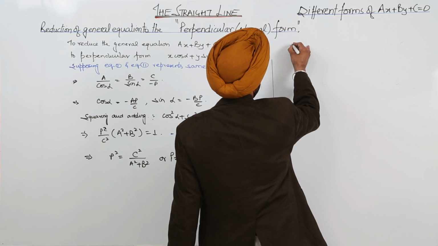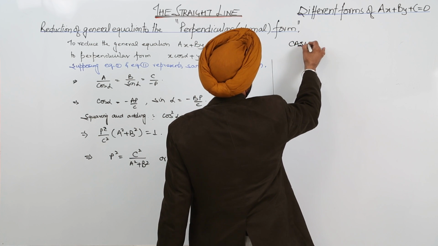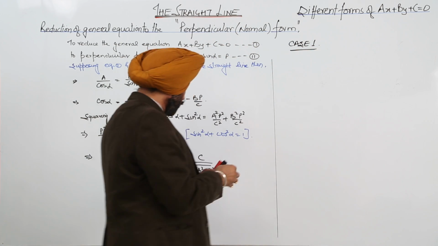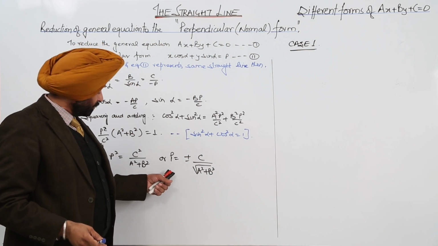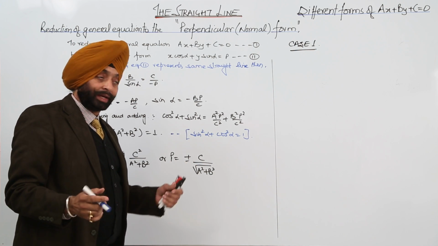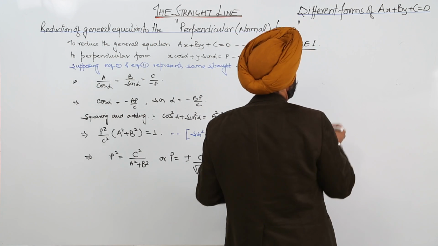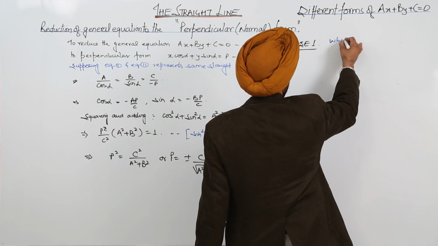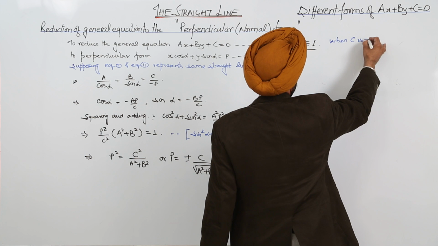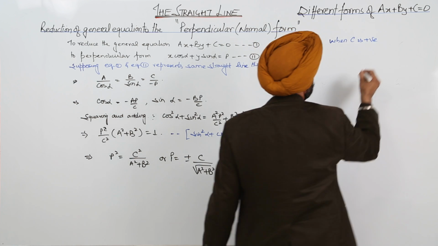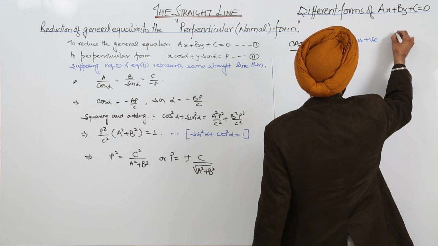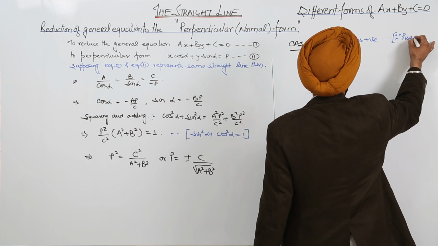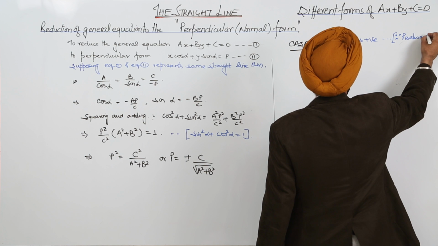Now case 1. In case 1 we will be taking positive of c, because we are having two values of c, positive and negative. So case 1, when c is positive. Remember one thing, when c is positive, p is always positive.